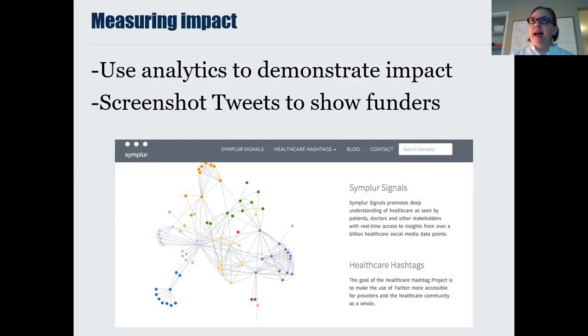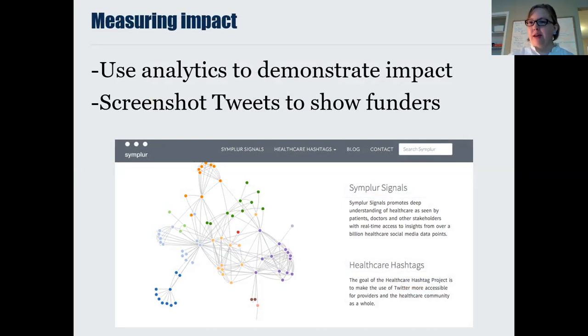You can get that information manually off of tweets, but then you have to add them all up. Whereas what Symplur and other types of technology like that do is show all of the tweets with that hashtag, their net impact. And depending on if your tweets are effective, we did Twitter conferences with nursing students, and it was one group of students during an educational seminar for one day, and we could usually get about 400,000 impressions.